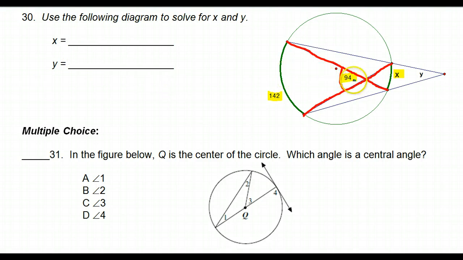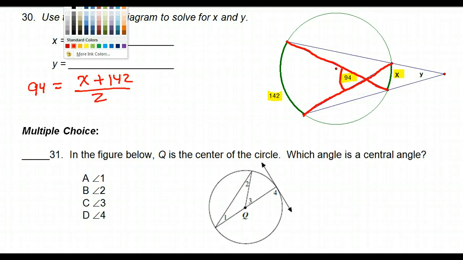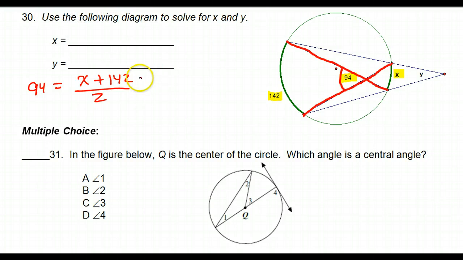then the angle is 94. So just make sure you start with the 94. So it'll be 94 is equal to x plus 142 divided by 2. And then we need to multiply by 2 on both sides, like so. So these are gone.